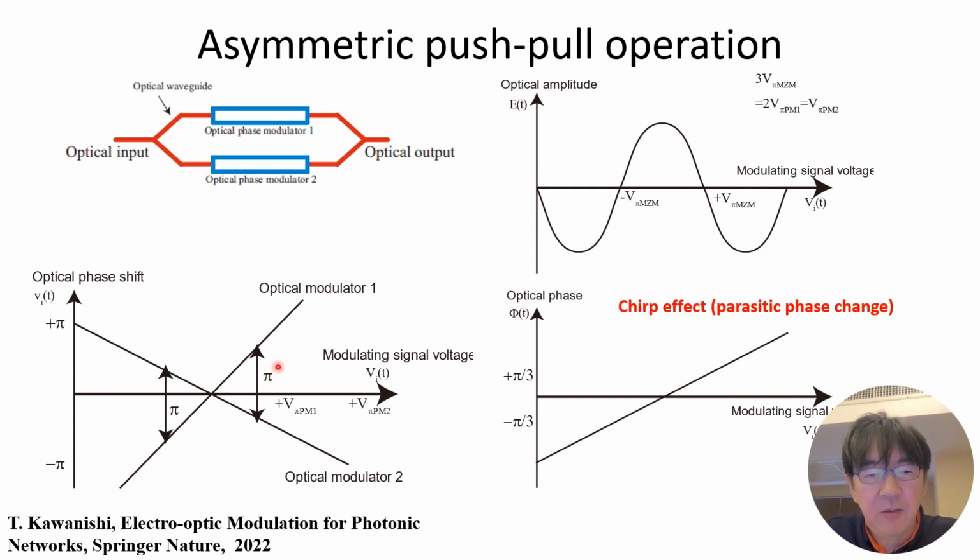If the phase difference is equal to pi, we can get the zero off state and the on state here, and here is another on state. But here's the phase shift difference, so we would have a phase shift in the optical output. That means the modulator would have a chirp effect. This is an issue in some particular applications.